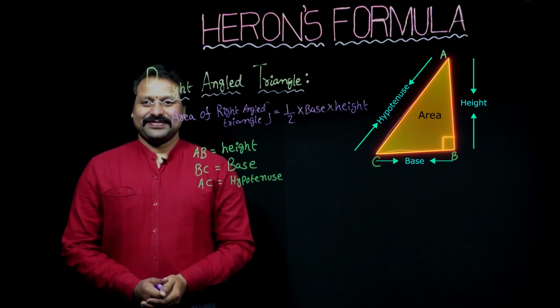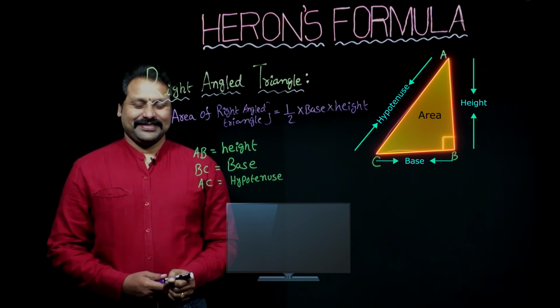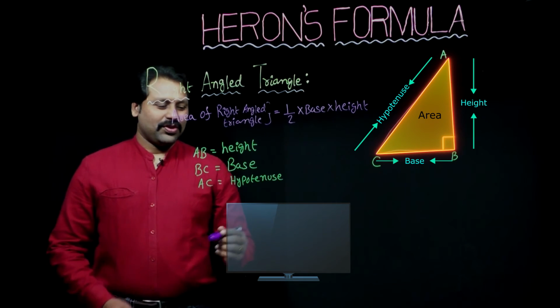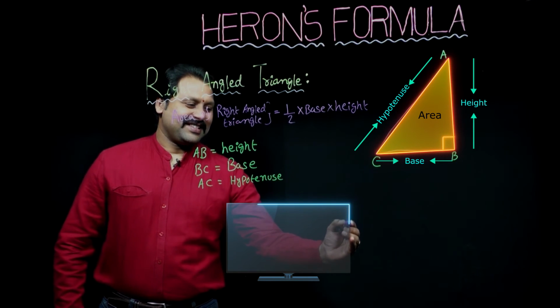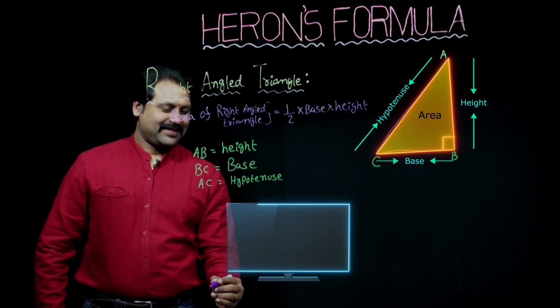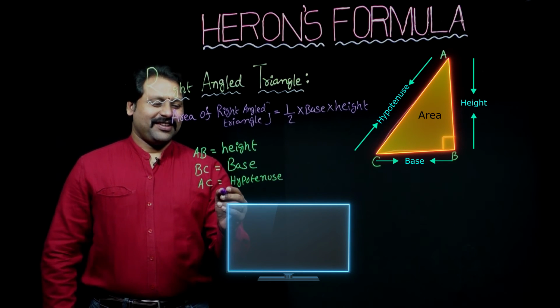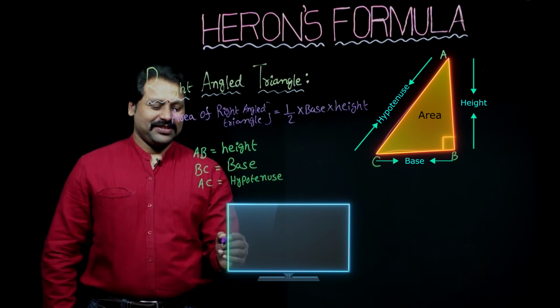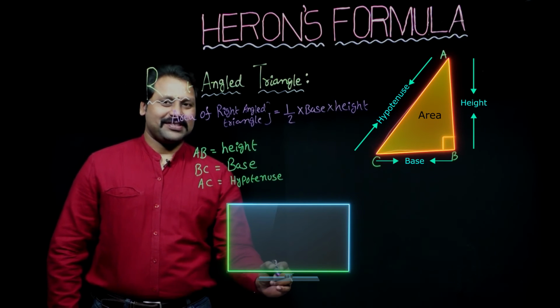Example, take the television. The four corners are like this. Now, consider the first edge of this television and the second edge of this television.